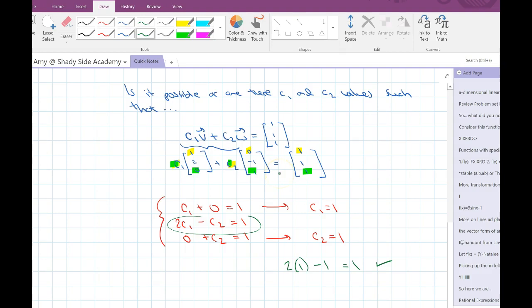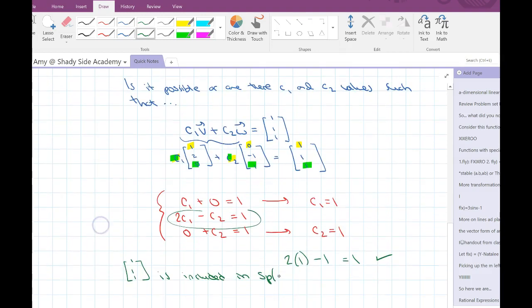So it turns out that yes, there is a combination of V and W that will yield 1, 1, 1. Or we can say this: we have shown that 1, 1, 1 is included in the span of V and W.